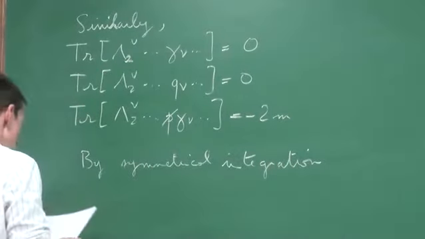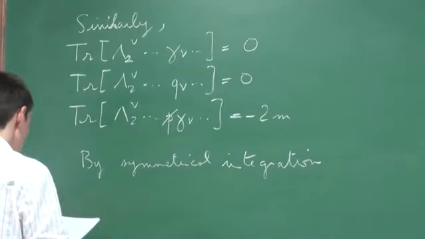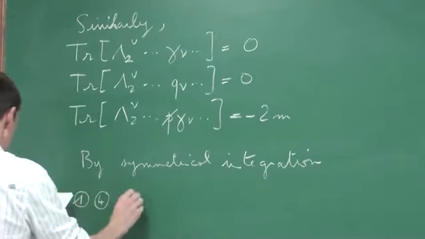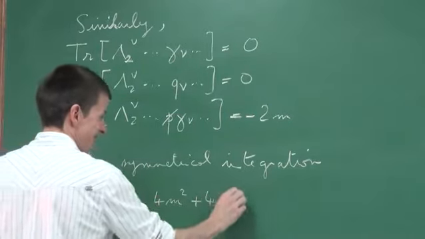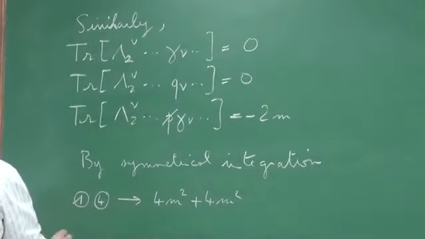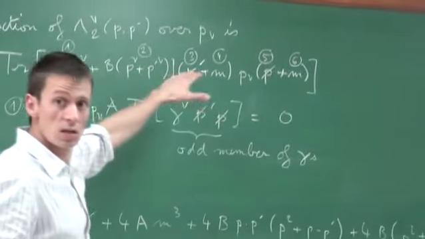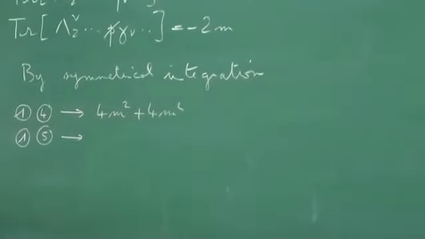At the end, I will write the formula. 1/4 gives 4m squared plus 4m squared. 1/5. So these are not those 1, 2, etc. These are from the other before. Let me write it here if you want to redo the calculation by yourself.